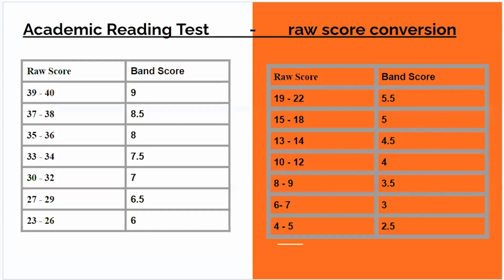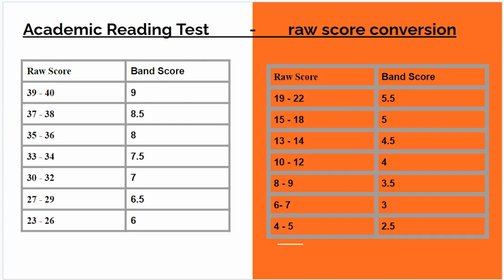The next one is the academic reading test. Similar to listening, the academic reading test is also awarded based on the scores the person obtained. If it is from 4 to 5, then their band score will be 2.5. If it is from 6 to 7, then their band score will be 3.